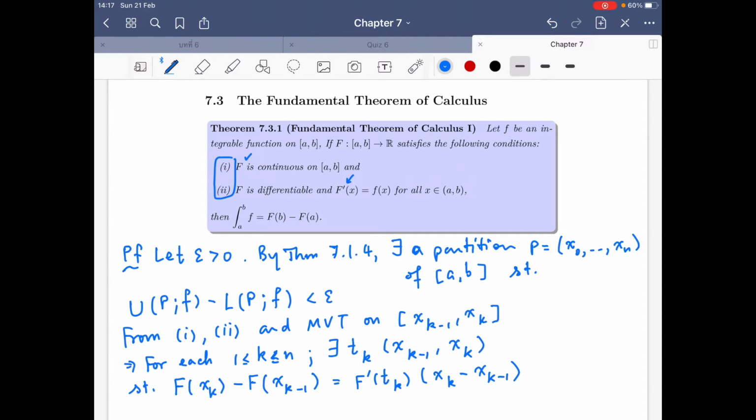However, from condition number 2, this is actually small f at tk times xk minus xk minus 1.